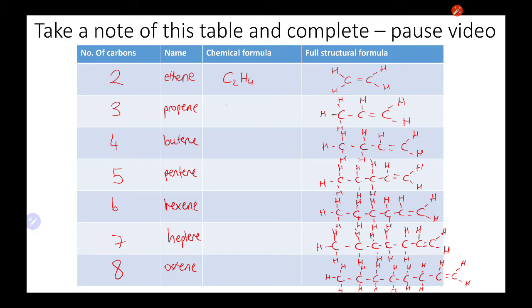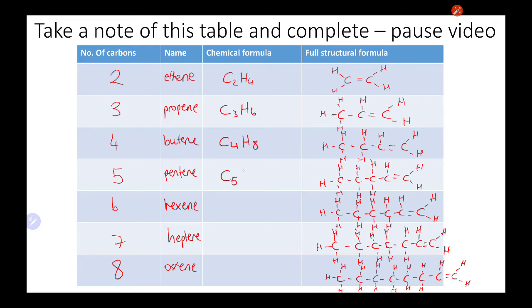So for propene, we've got 3 carbons, and if you want to count 1, 2, 3, 4, 5, 6 hydrogens in there. C4, 1, 2, 3, 4, 5, 6, 7, 8. And again, if you're seeing this pattern emerging, you might be able to do it without looking.